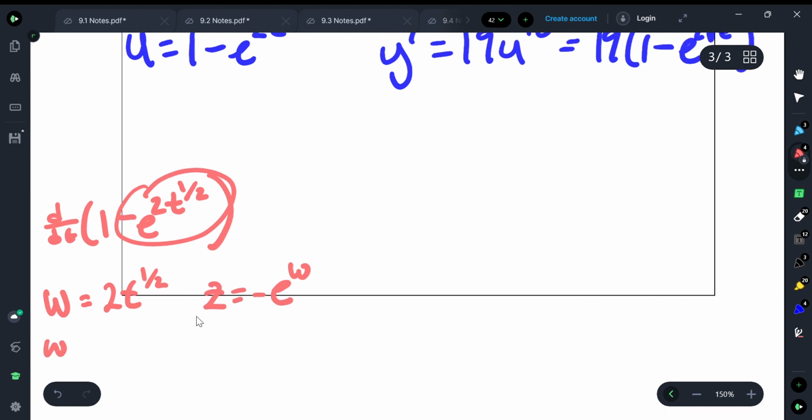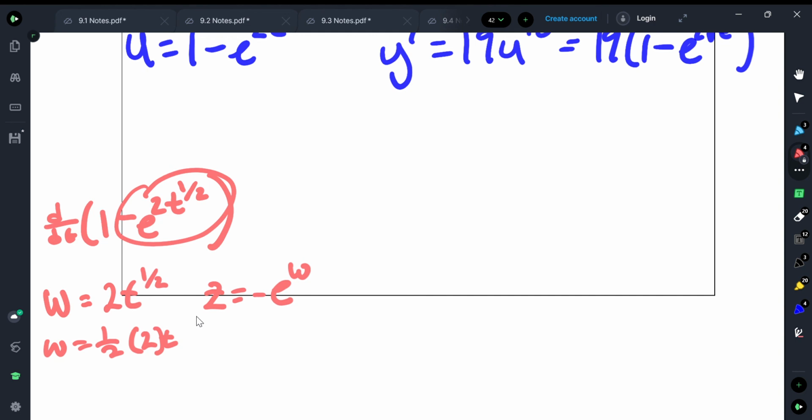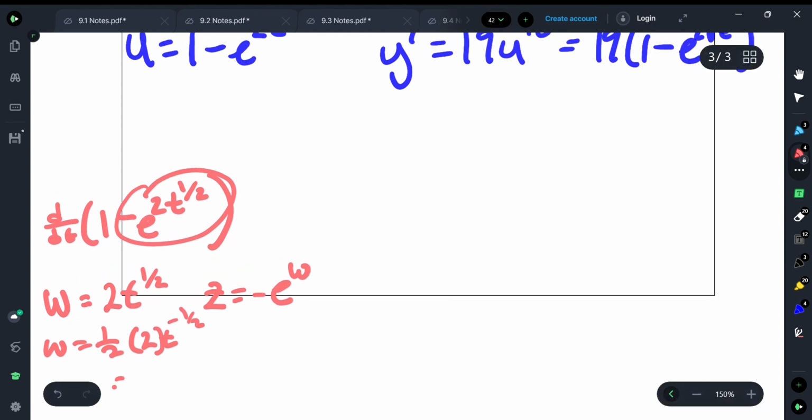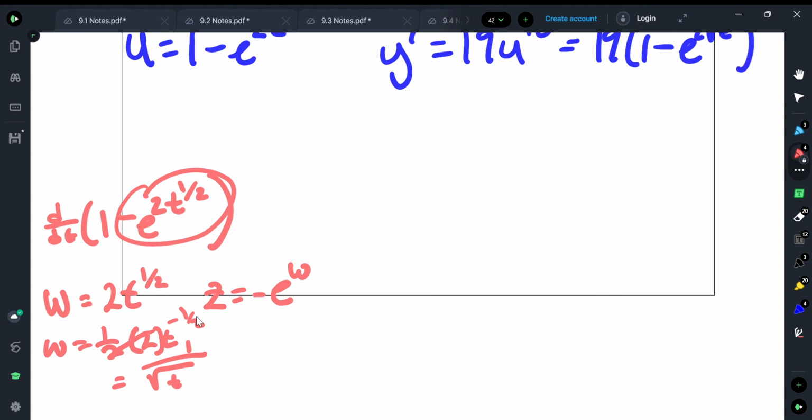Okay, w, the derivative of this, the 1/2 comes down, right? 1/2 times 2, I'm going to just write it out, times 2, and then that's your t to the negative 1/2. All right, so obviously these cancel out, so you're just left with the square root of t over 1, because of this negative 1/2.